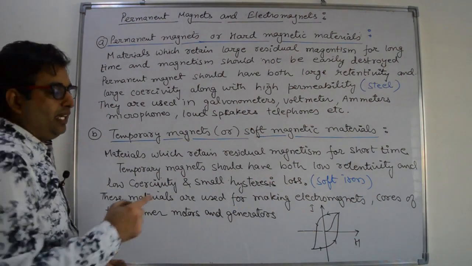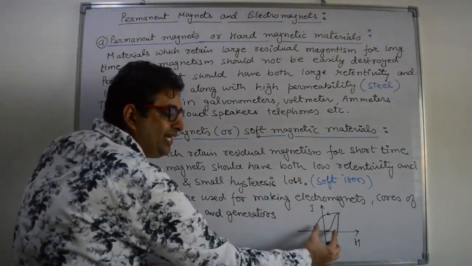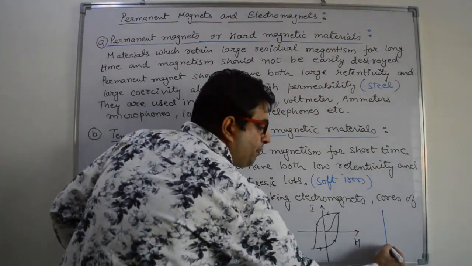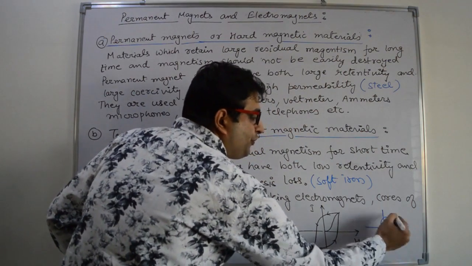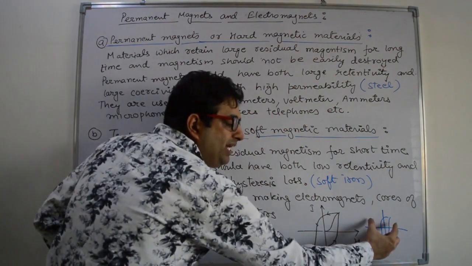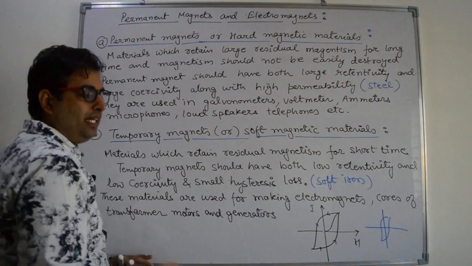That means the area of the loop is small because of small hysteresis loss.